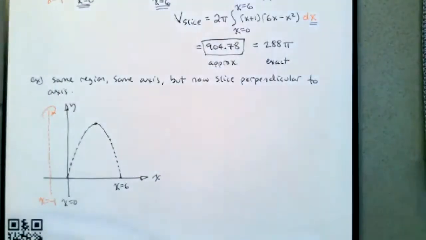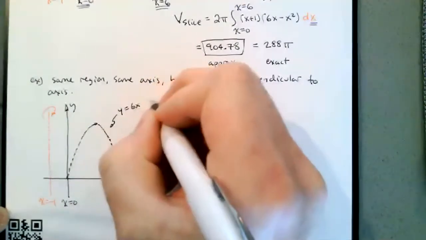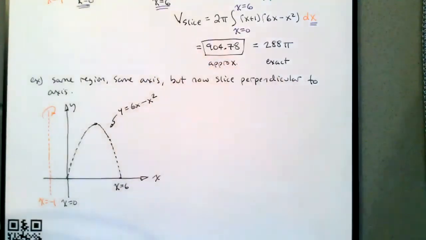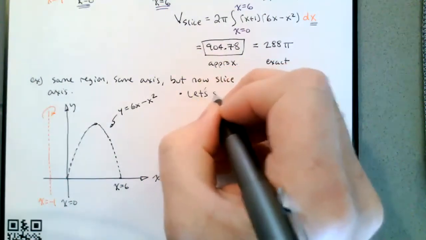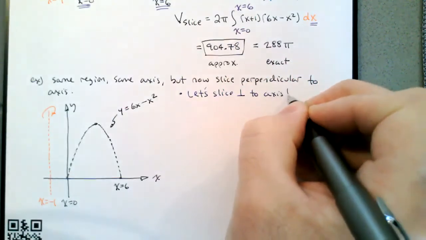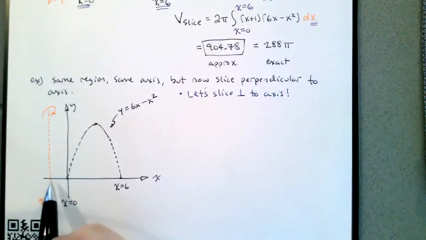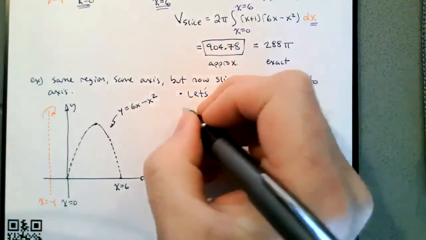And this is still y equals 6x minus x squared. Let's now instead choose to slice perpendicular to the axis of rotation. So we'll notice that the axis of rotation is not a boundary of this region. So axis is not boundary.